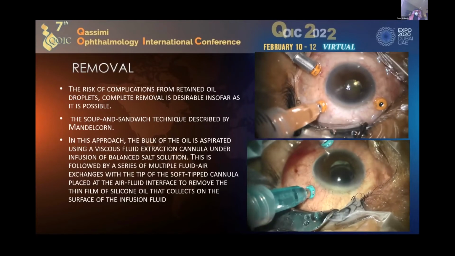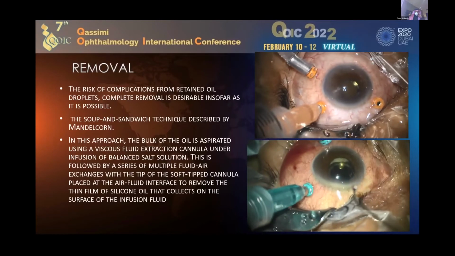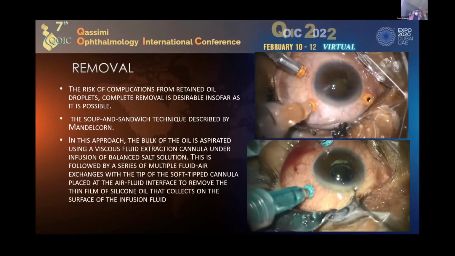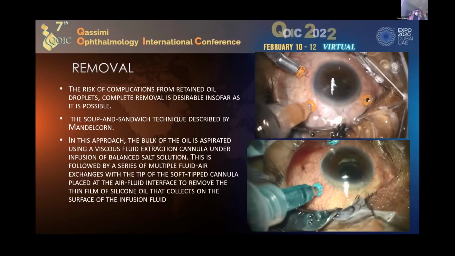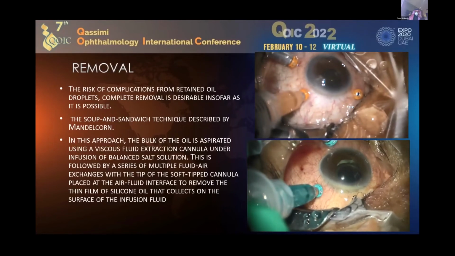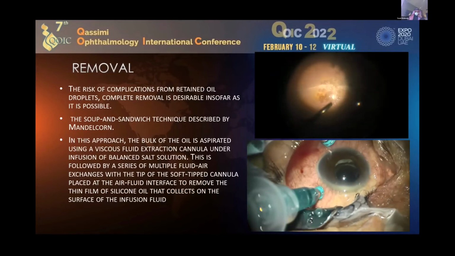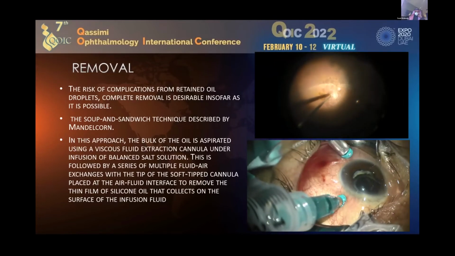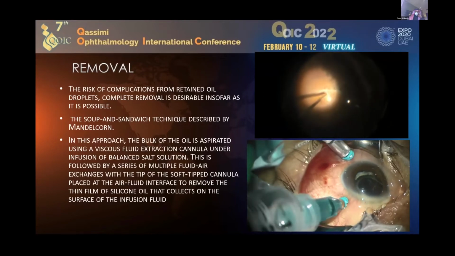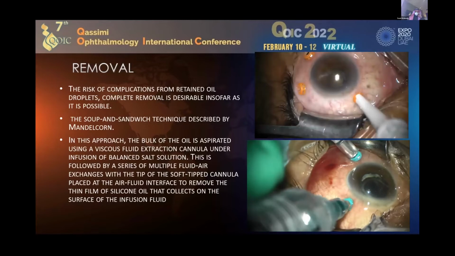Now, some people claim that no matter how many air fluid exchanges you do, you will always, unfortunately, have oil droplets. But I think you do your best, and after you remove it, you can see the meniscus here in the video. You go back to the back of the eye, and most likely you can see some bubbles, like in this case, some remaining. I think these are PFC bubbles, actually. And then you do multiple air fluid exchanges to try to clear them.